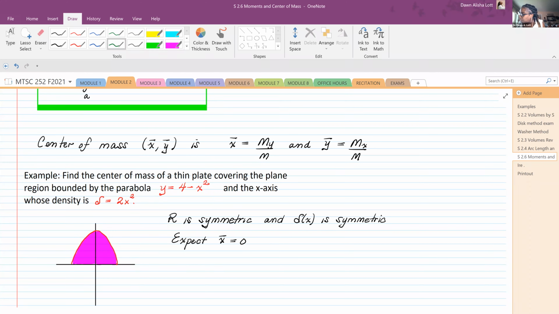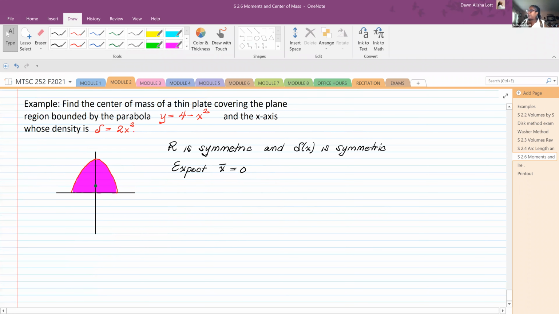I don't expect it would be up here because it's heavier down there. So I expect the y value of my center of mass is going to be down here where it's thicker or wider. And so we need to find that point.